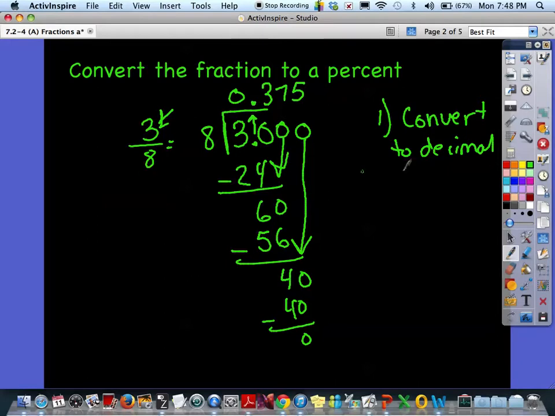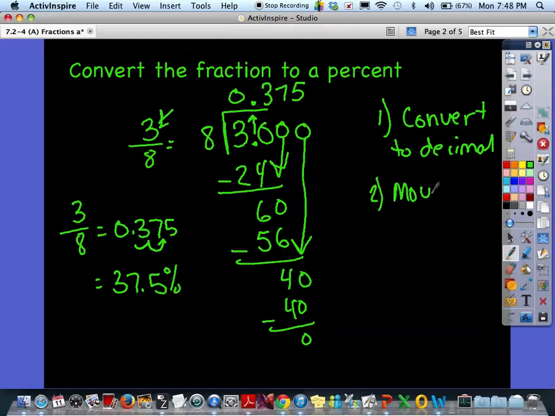So, 3 eighths equals 375 thousandths. If I want to convert that to a percent, I move the decimal point to the right twice, and I'm done. So this must also equal 37.5%. So that's the final step.